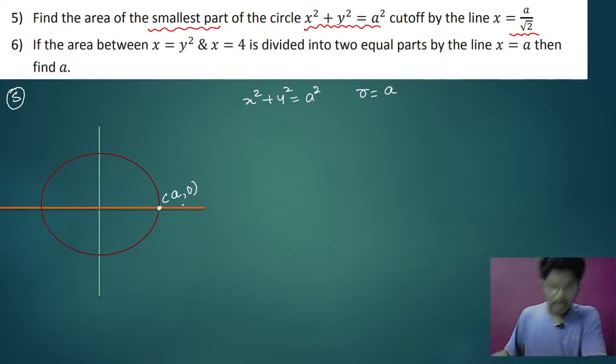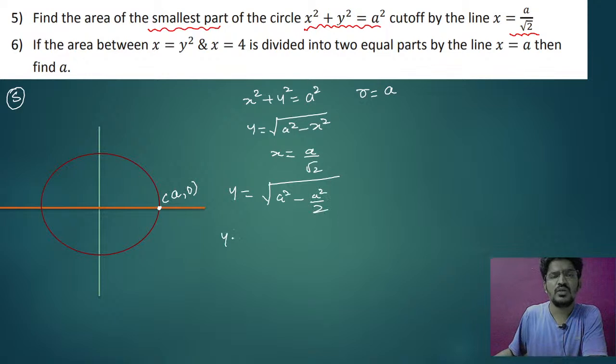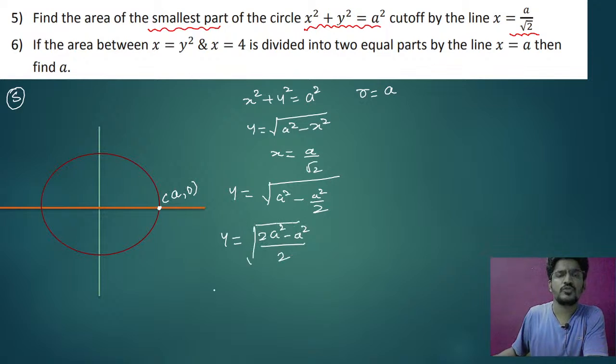Now let us find y. Y equal to root of a square minus x square. What is the x value? X value is given as a by root 2. Therefore, y will be equal to root of a square minus, in the place of x you put this, a square by 2. So y equal to root of 2a square minus a square divided by 2, so y will be equal to square root of a square by 2.